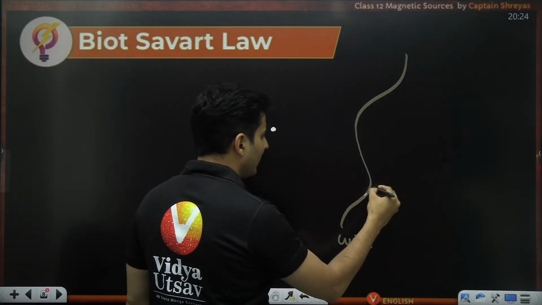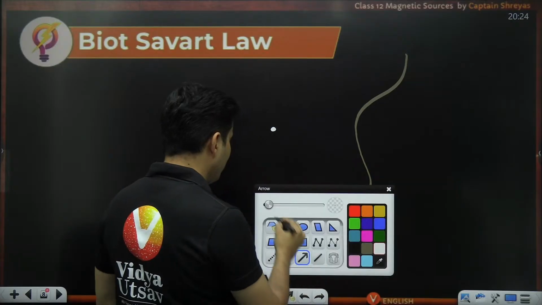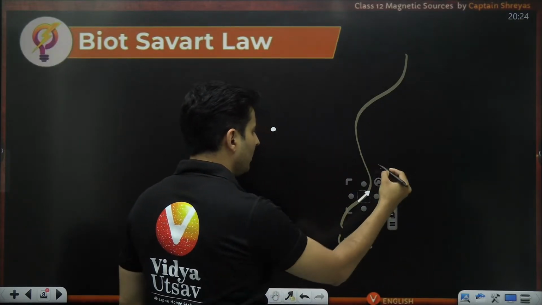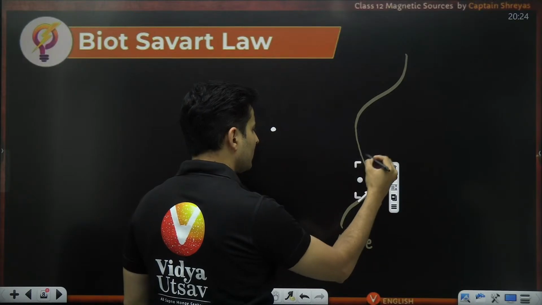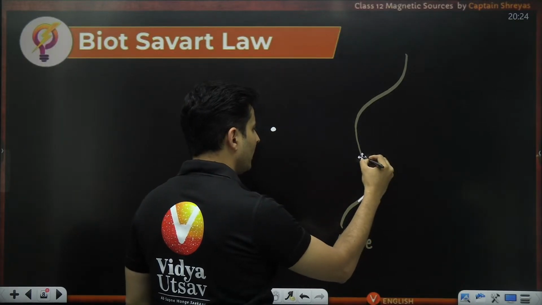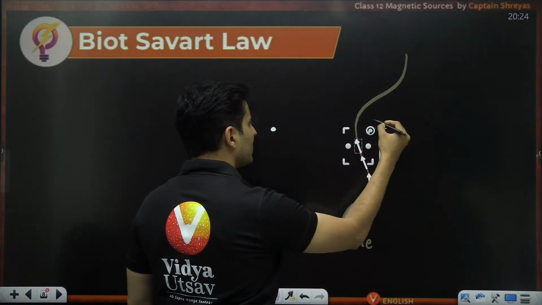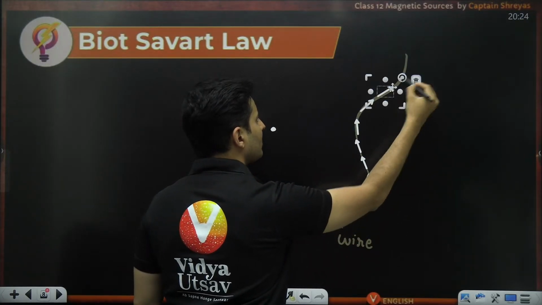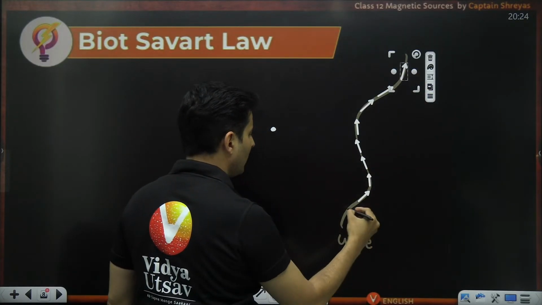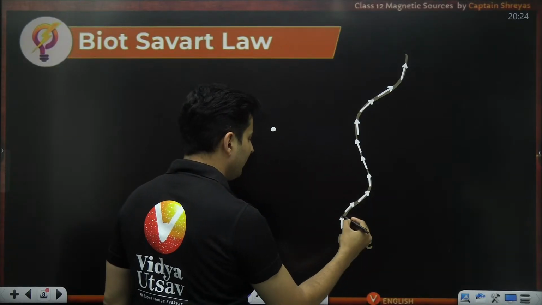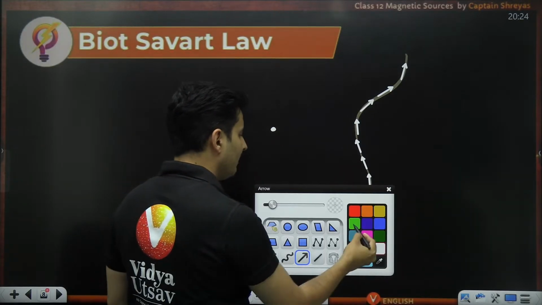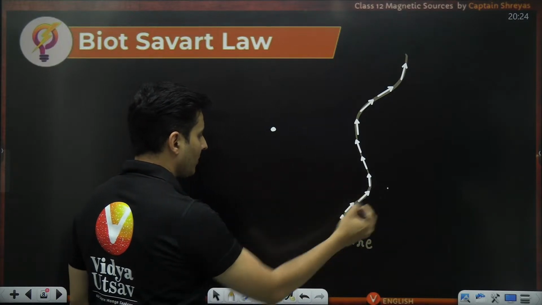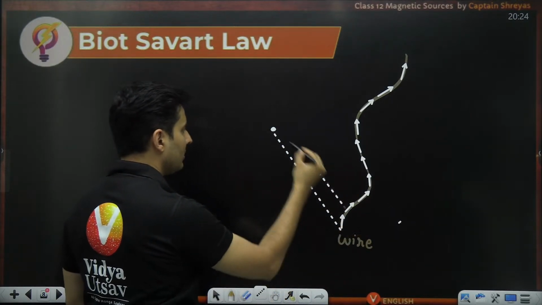So we start off by taking an element of the wire, let's say maybe over here or here, doesn't really matter. Every small element out here will give some small magnetic field at every single location, like this over here and this over here.